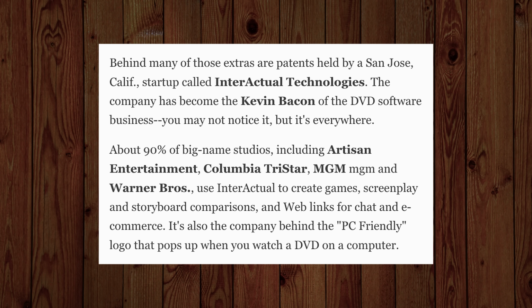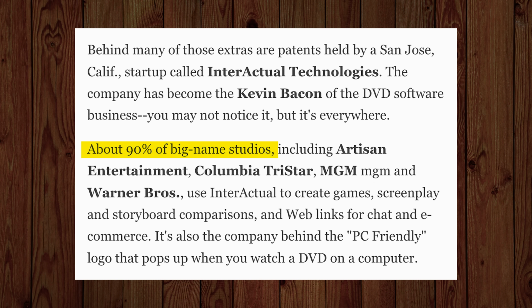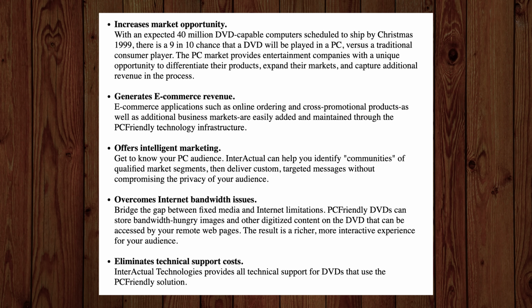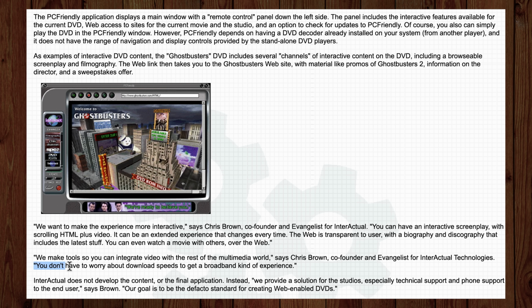And by that year, according to Forbes, 90% of major studios were using InterActual software on their discs, with the main goal being to provide high-quality multimedia without the need for costly high-speed internet. Or as InterActual's Chris Brown said, you don't have to worry about download speeds to get a broadband kind of experience. Our goal is to be the de facto standard for creating web-enabled DVDs.